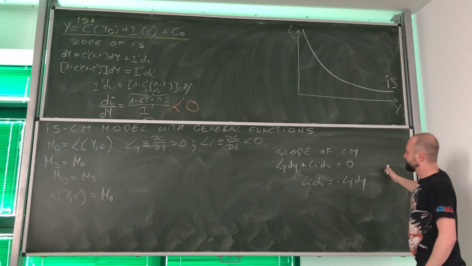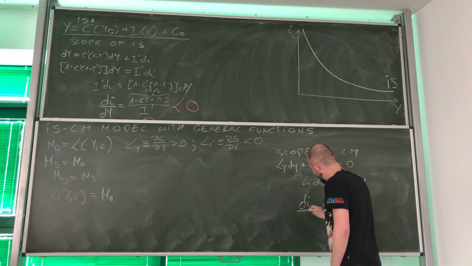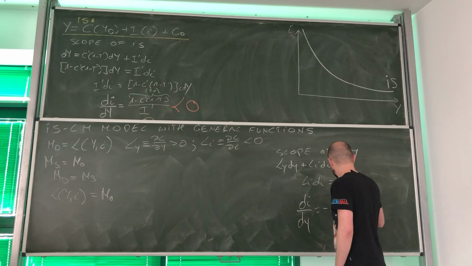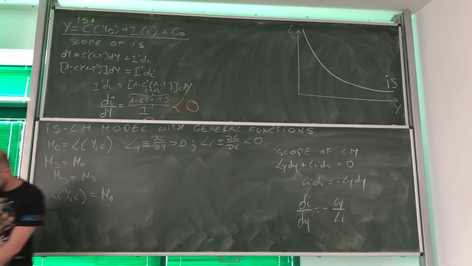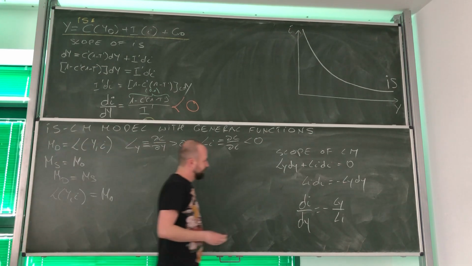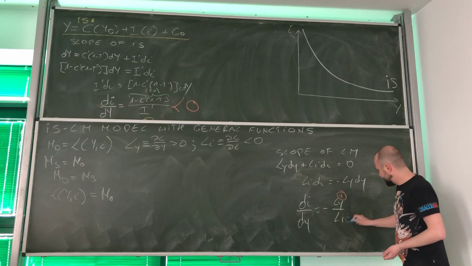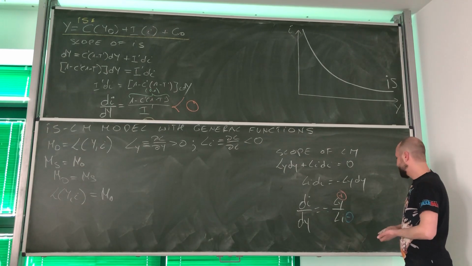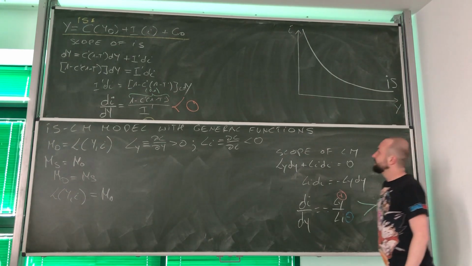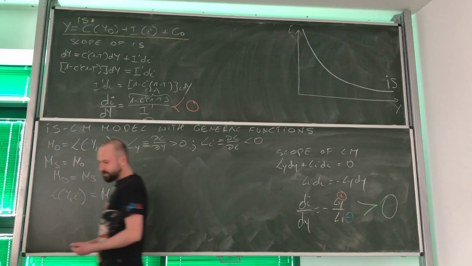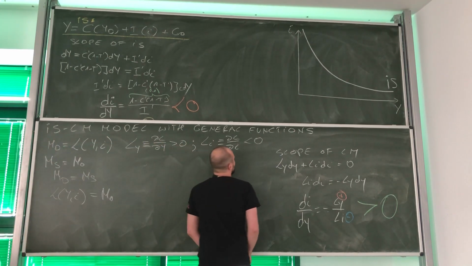And dividing both sides by dy and Li, I'm getting the derivative di dy is equal to negative Ly over Li. Now look, we already said that this is positive by assumption, this is negative by assumption, minus and minus gives us plus, so we know that this derivative is positive, which means that the slope of LM is positive.